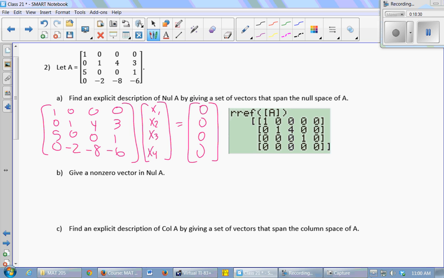Yeah, I could do parametric vector form. I could say, well, let's see, x1 has to be 0. x2 plus 4x3 is 0. x4 is 0. And what are my free variables? x3. So I just have to take this equation and rewrite it in terms of the free variable.